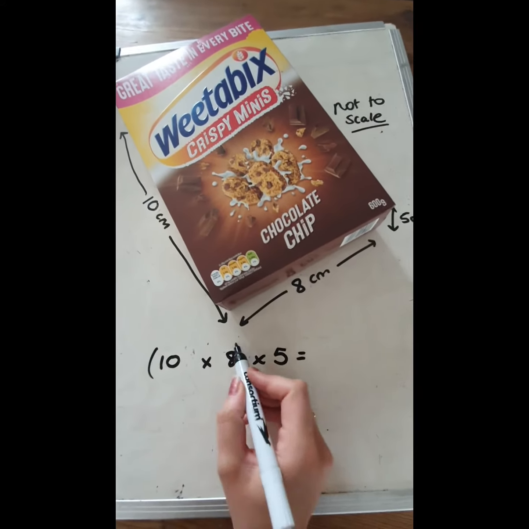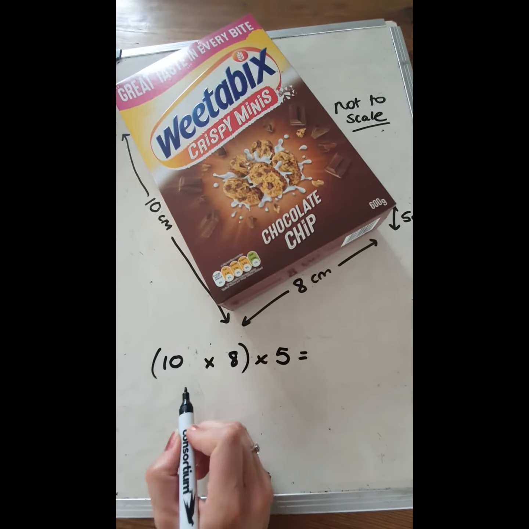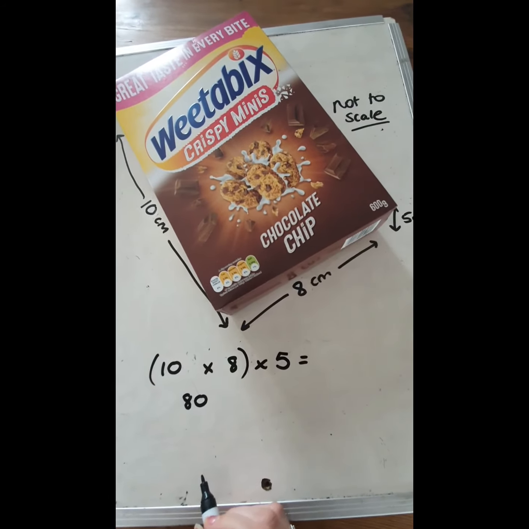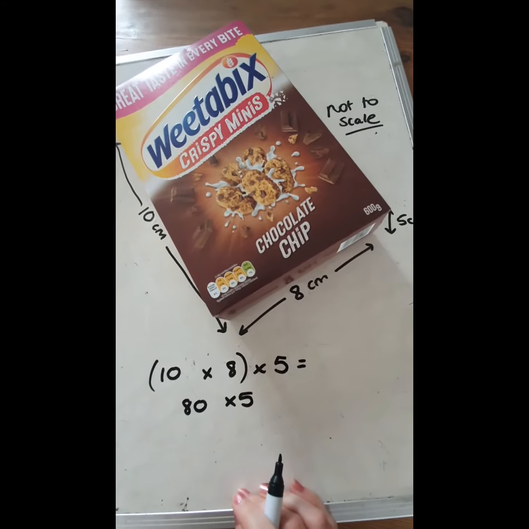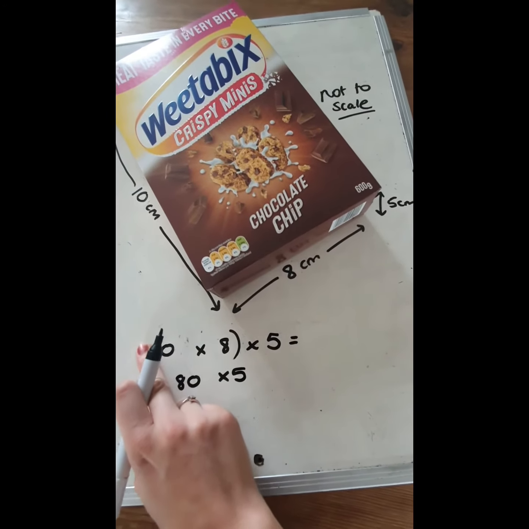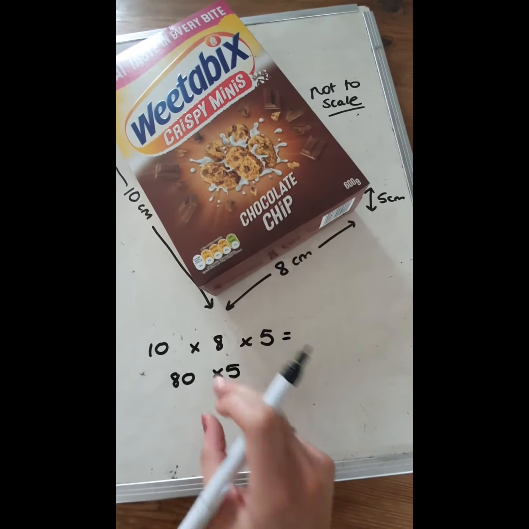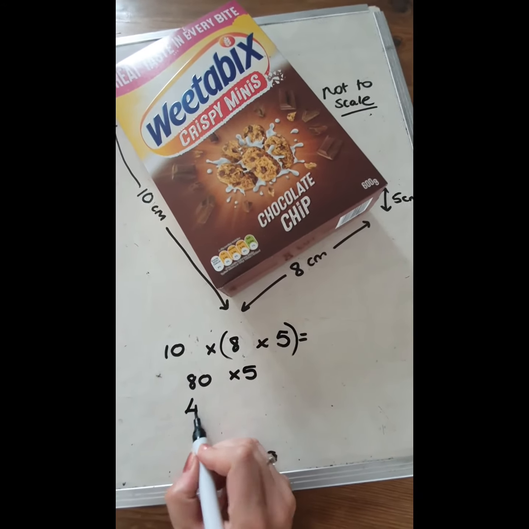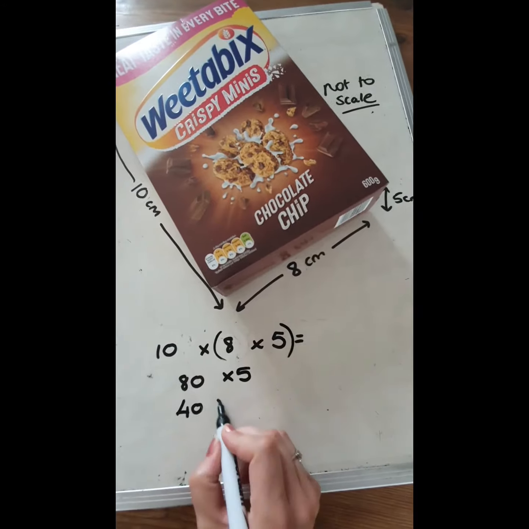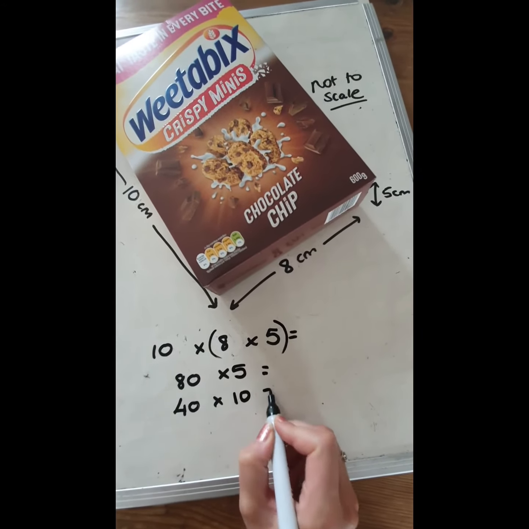So you can either choose to do the first 2 numbers and multiply them by each other and then multiply by the last number, or if you wanted to, you could do it backwards. So you could do 8 by 5 first, which is 40, and then multiply it by 10. These 2 answers will be the same.